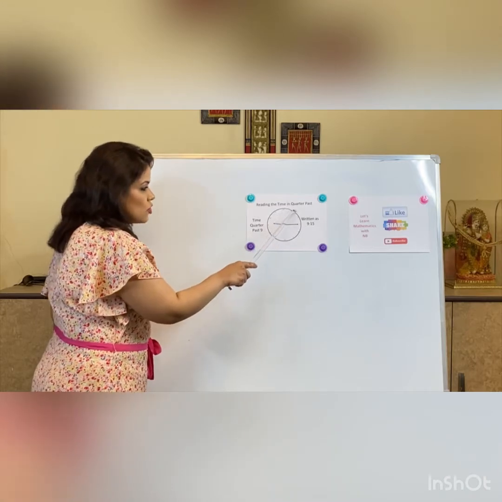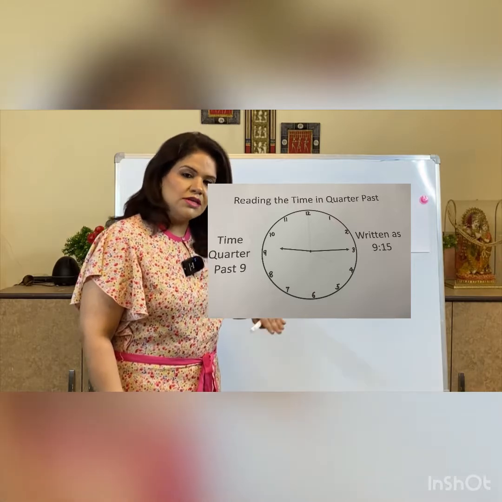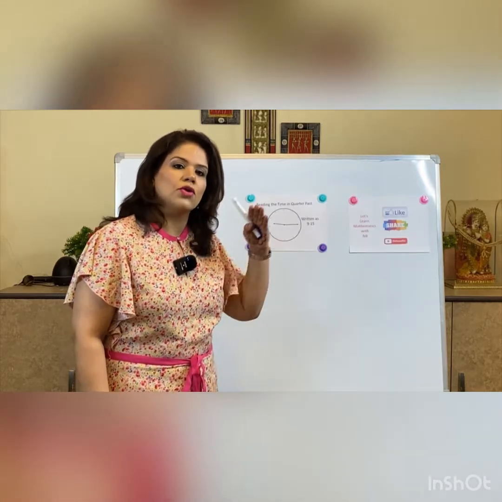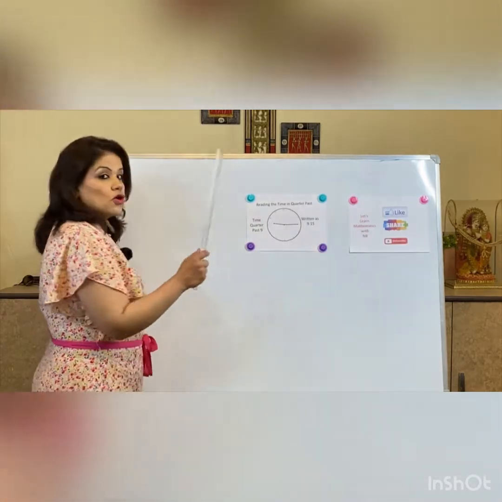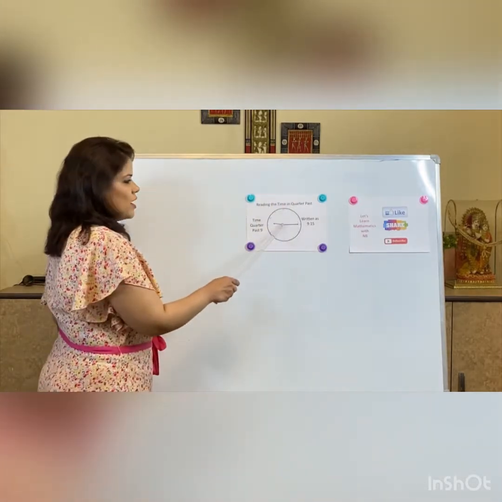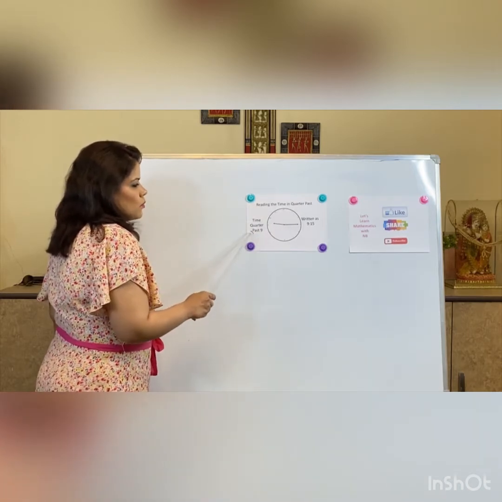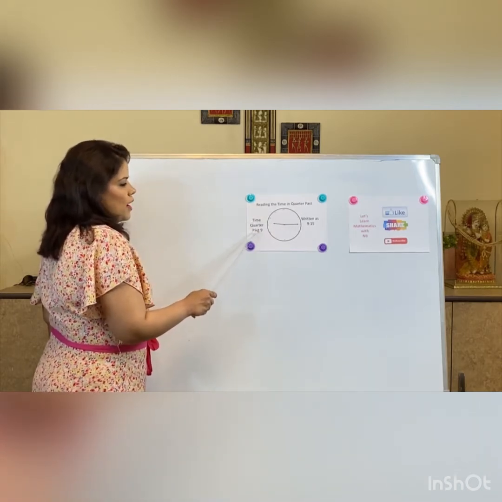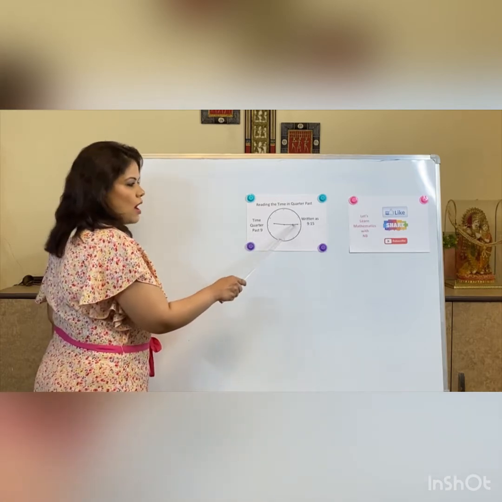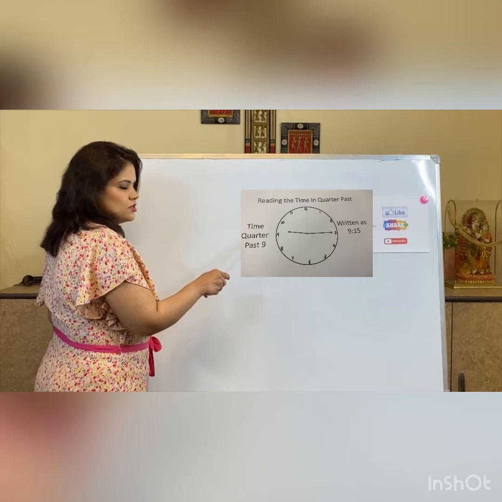That means it has crossed a quarter. That's why we are saying quarter past. Cross means it has been done. So the time here is quarter past 9, because the minute hand is at 3 and the hour hand is going from 9 towards 10.